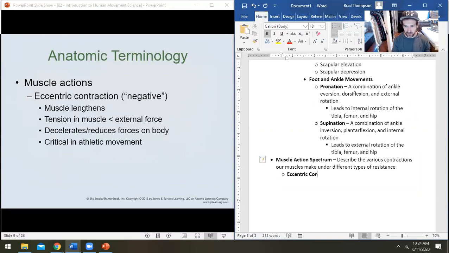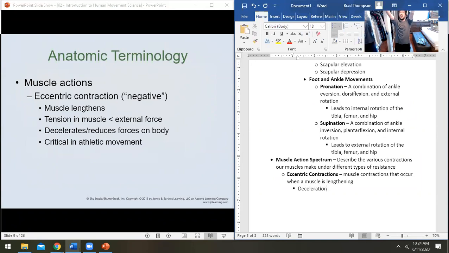Eccentric contractions. I know you guys already know this, but these are muscle contractions that occur when a muscle is lengthening. So it is the deceleration movements, right? That's eccentric.